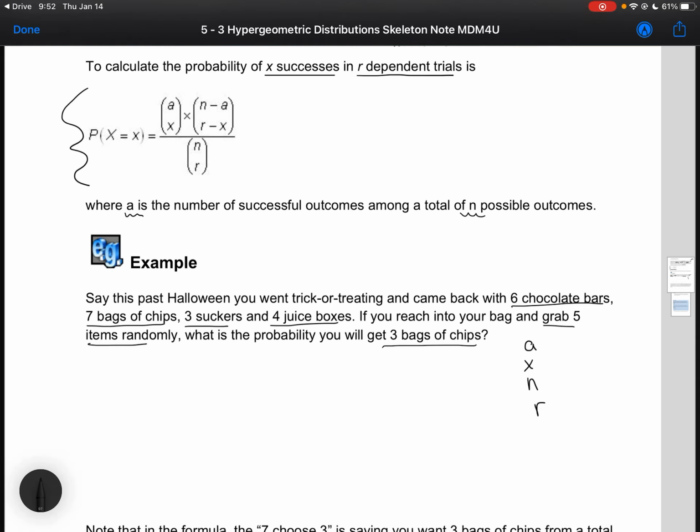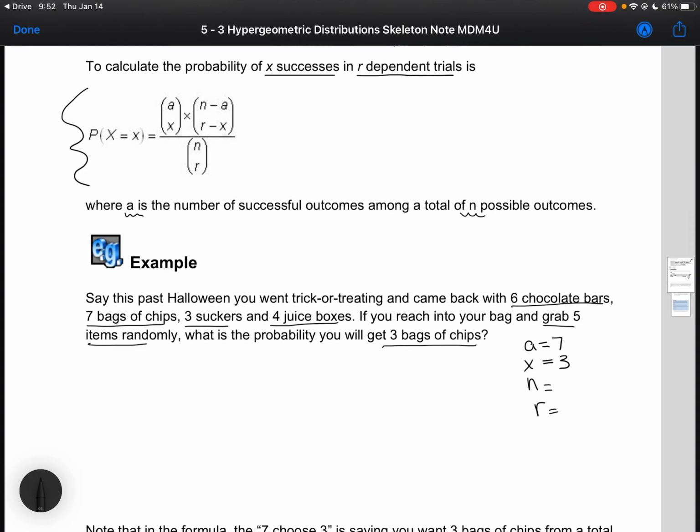I'm interested in the probability that I'm going to get 3 bags of chips. That is going to be my X value. The A value is connected to how many bags of chips I have to choose from, so I've got 7 bags of chips. My N value is going to be the total number of items that I have in my bag.